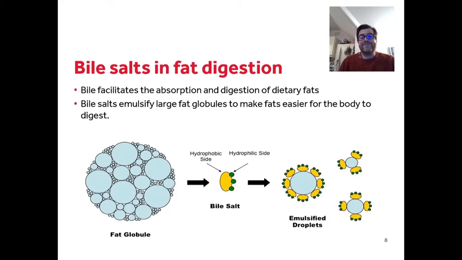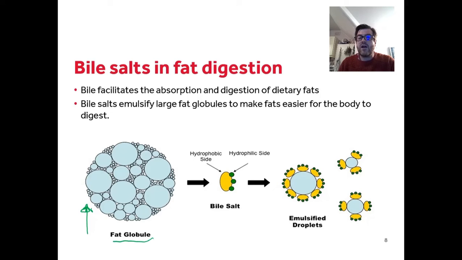So in terms of digestion, what is the role of the bile salts? I've already mentioned that bile facilitates the absorption and digestion of dietary fats. When you ingest a meal rich in fats, the fat tends to congregate as large fat globules, as shown here.